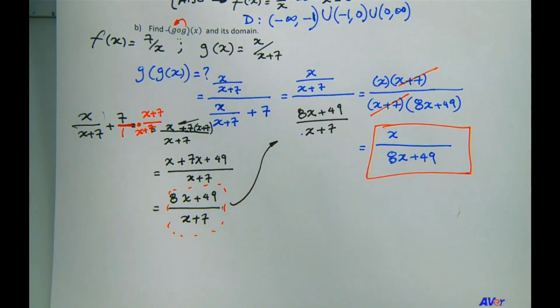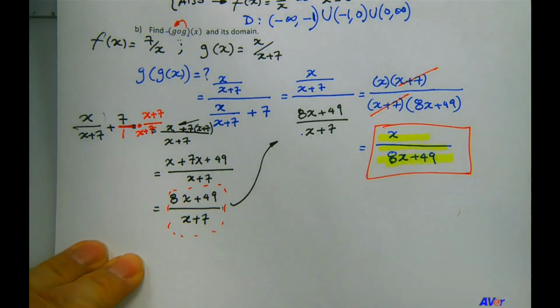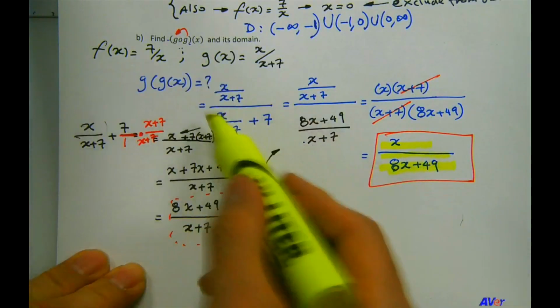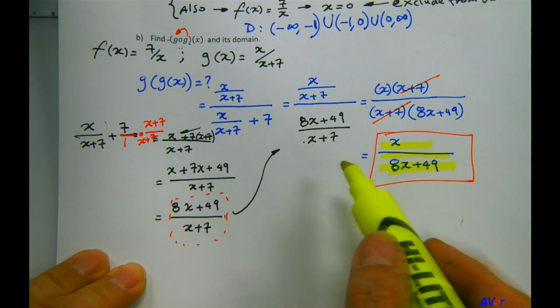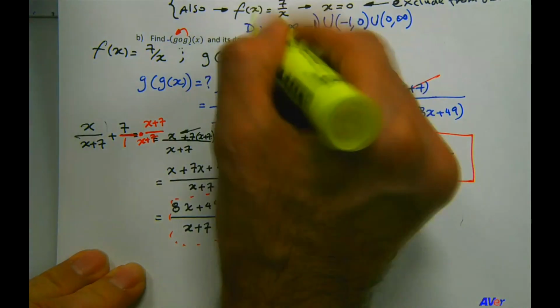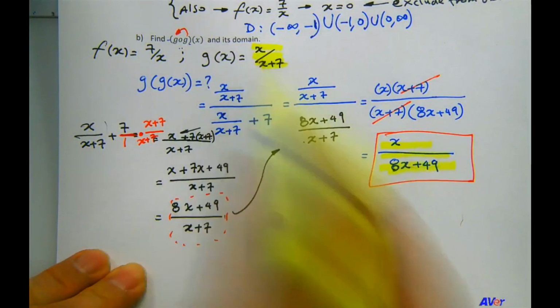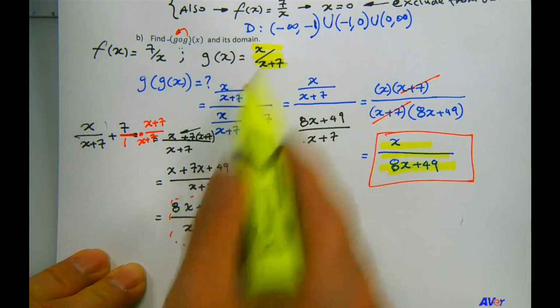Now the domain. To find the domain, we are interested in a domain that satisfies this composite function as well as the function that went inside the other function to give us this function, which is g. So the final domain has to satisfy these two functions, not f. We don't bother with f, right? Just these two.